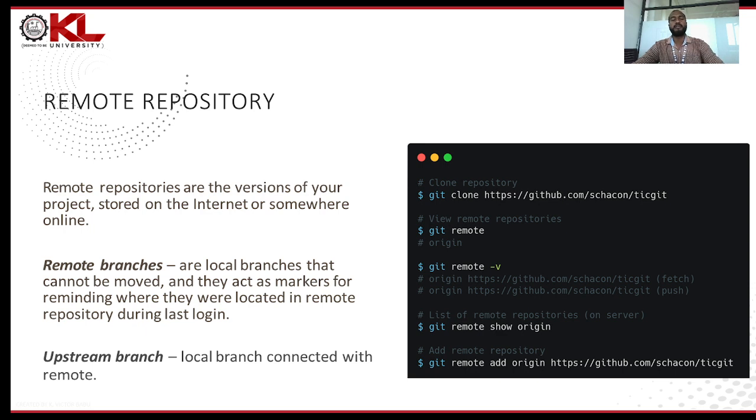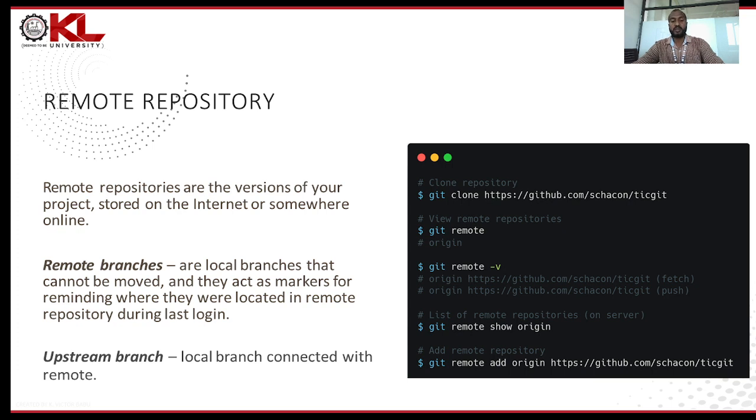Because of these branches, we can easily identify where we did the last work, what system we used, and what the IP address is; everything we can access and fetch because of this remote repository. The only point is that once remote branches are created, they are never deleted. They are never moved from one place to another. That's what they are telling.